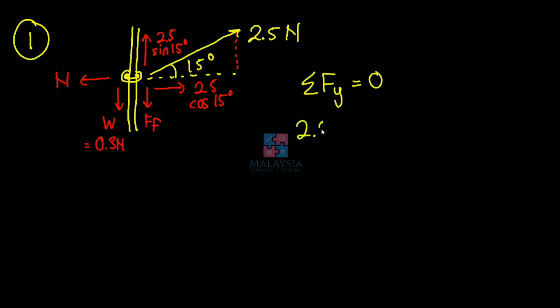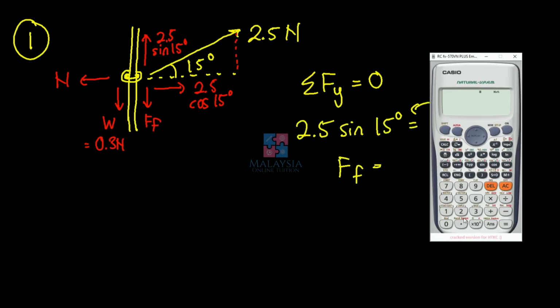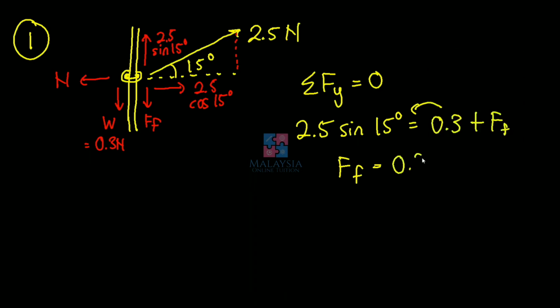So then it will be 2.5 sine of 15 degrees equal our weight, which is 0.3 Newton plus the frictional force. So then the frictional force will be equal to, so you are going to shift this to the other side, 2.5 sine of 15 degrees minus 0.3, and you will get 0.347 Newton for your frictional force, okay?